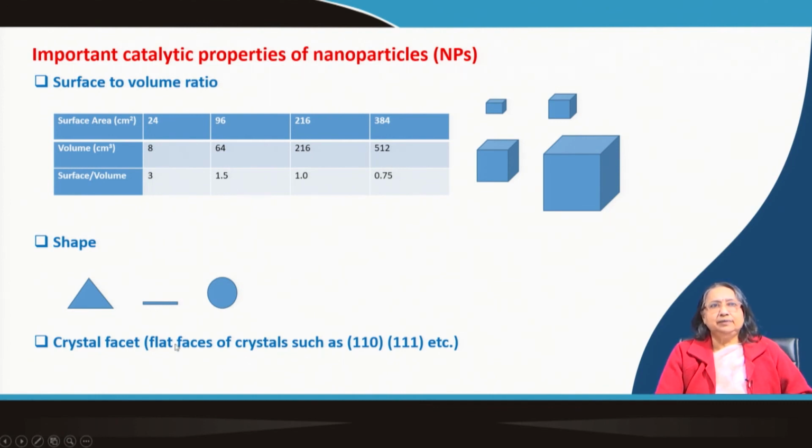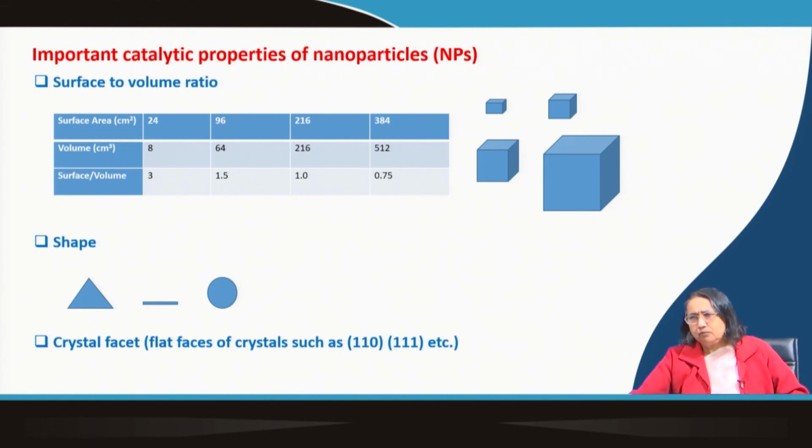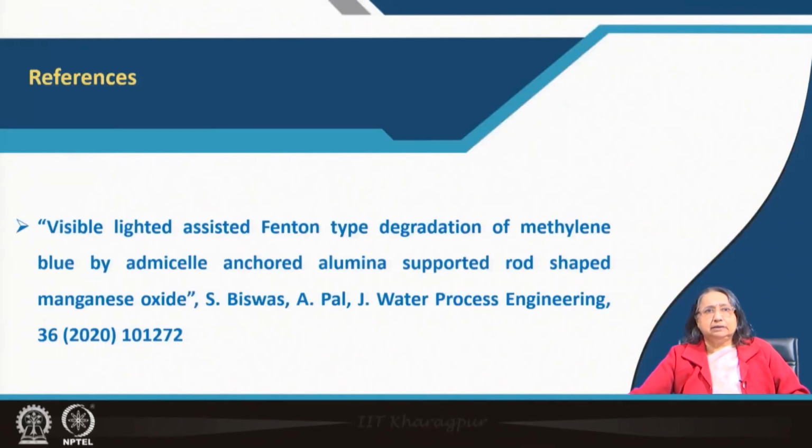What are facets? Flat faces of a crystal, such as those recognized as 110, 111, etc. So, there is also crystal facet dependent catalysis. All these topics are very important for nano catalysts, and are very important, upcoming fields.